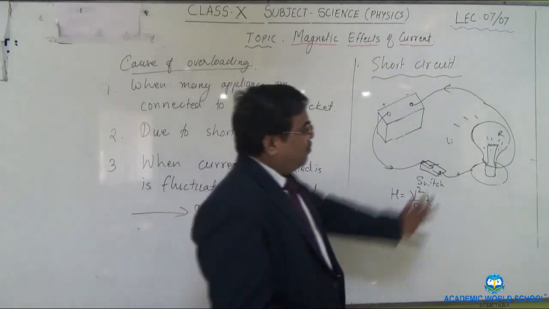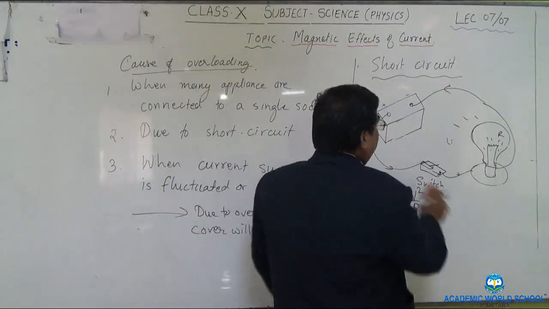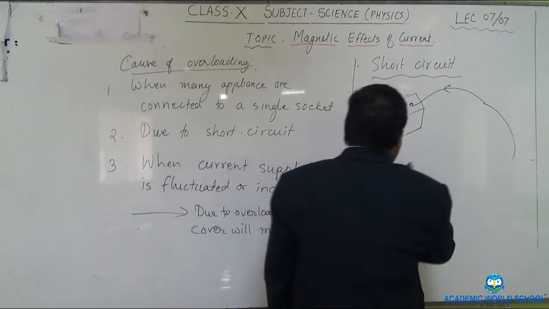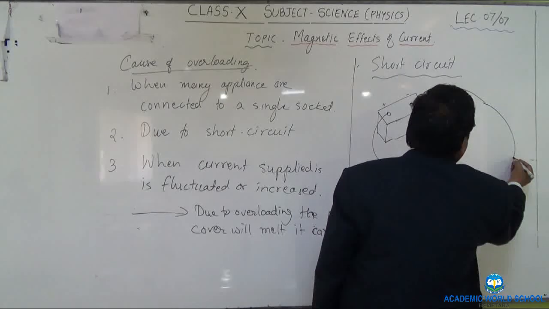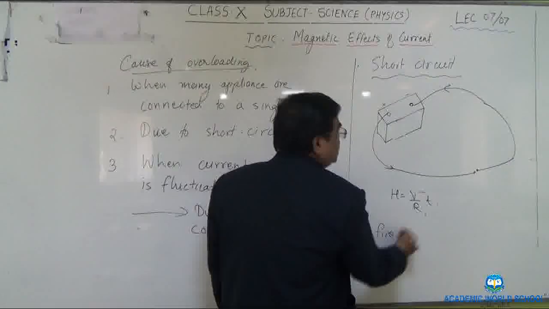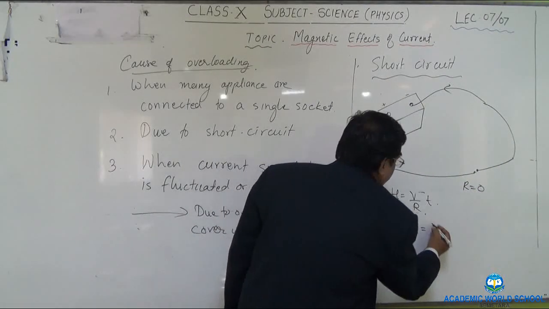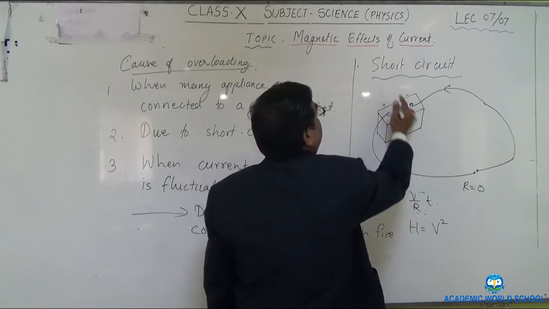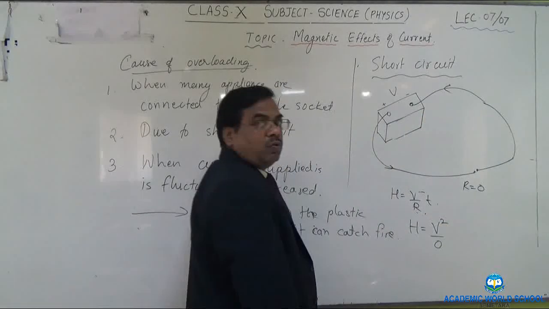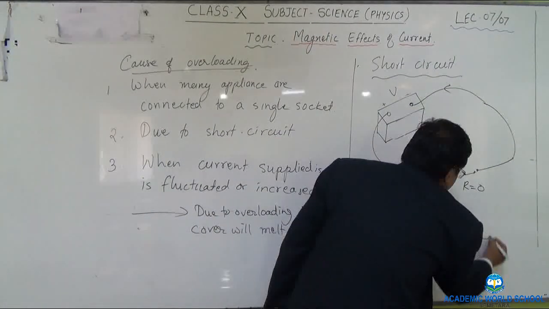Now suppose I remove the bulb and directly connect the positive and the negative terminal. Now what is the value of resistance? R equals 0. So H will be equal to V square upon 0, that is infinite.